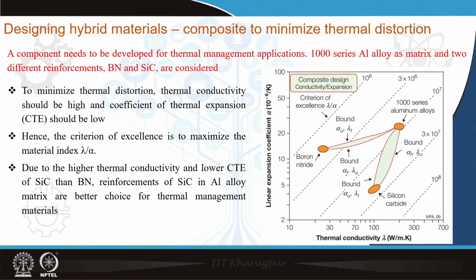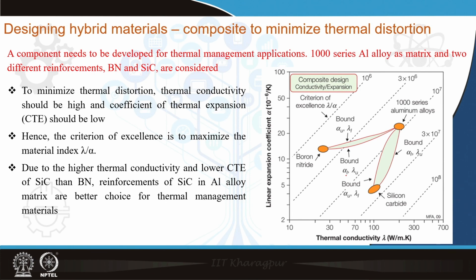So, again we have two properties at hand, and now we have to see how the selection of the composite constituents can minimize the thermal distortion. We follow the same procedure as before, it is always the same procedure. We identify 3 orange circles in this plot: one for the matrix, that means the CTE and conductivity of the matrix, and then the two reinforcements in our selection, boron nitride and silicon carbide.